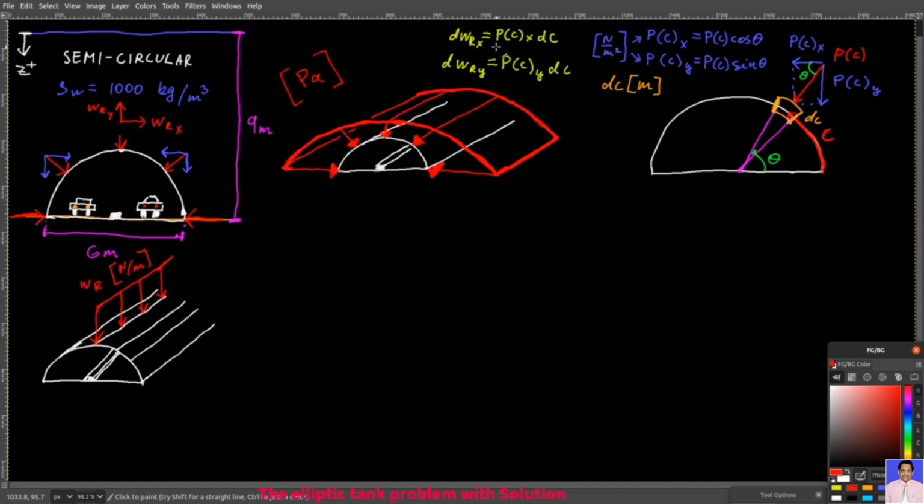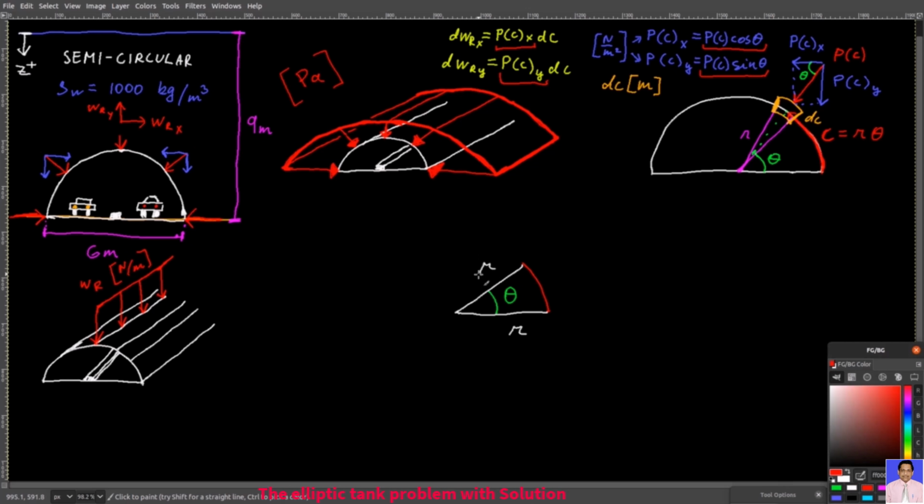But you already know that this thing can be written like this, and this thing can be written like this. However, notice something now. If this is your radius, and this is your theta, then this C here is your arc length. You can say that C equals R times theta, because that's how you calculate the arc length.